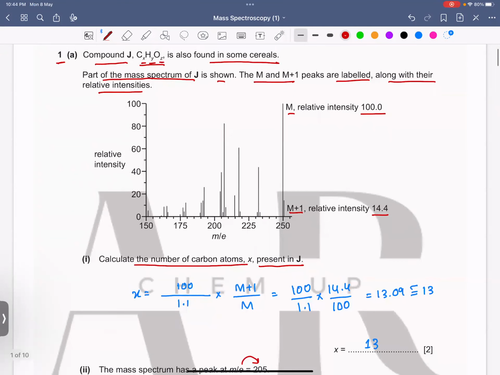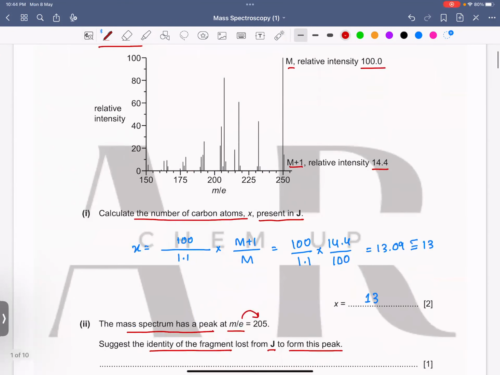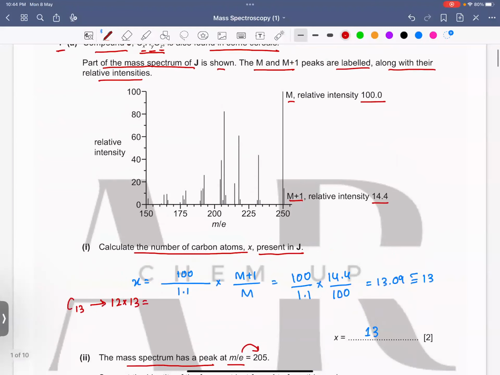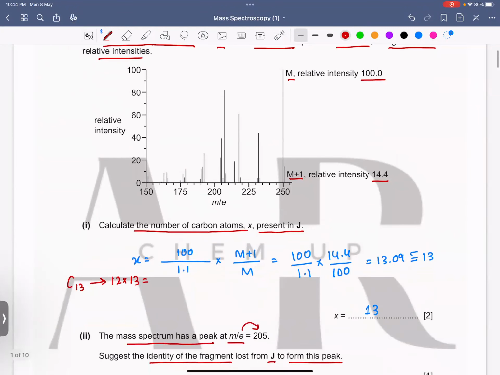Can anybody figure out the mass of 13 carbons? It would be 12 times 13, which is 156. Okay, one more thing: the M peak has a mass over charge ratio of 250, right? Which means I can conclude that the Mr of the compound is 250.